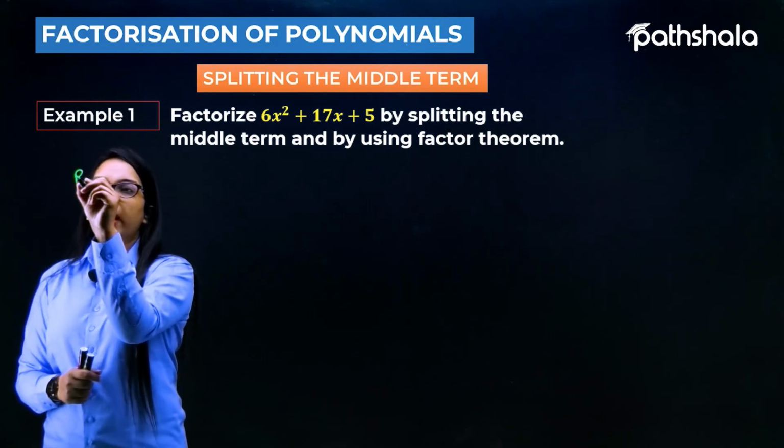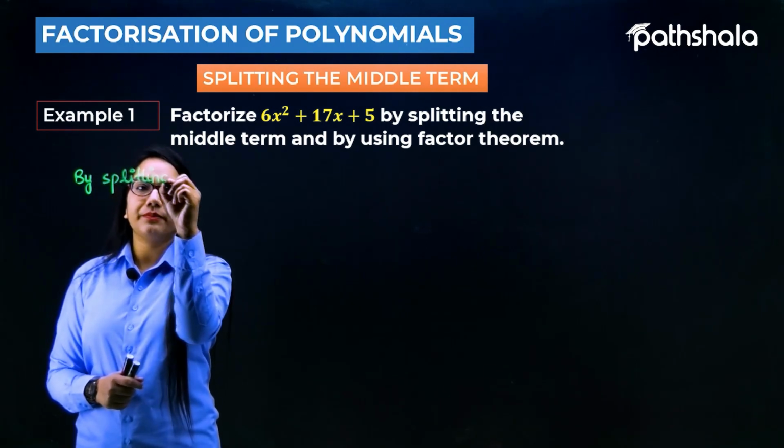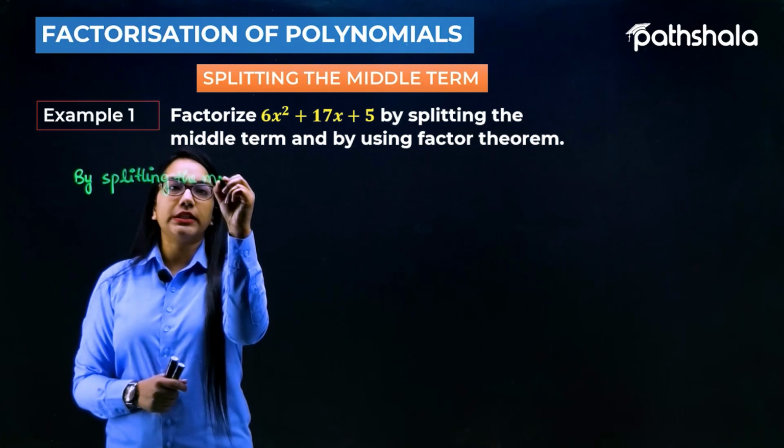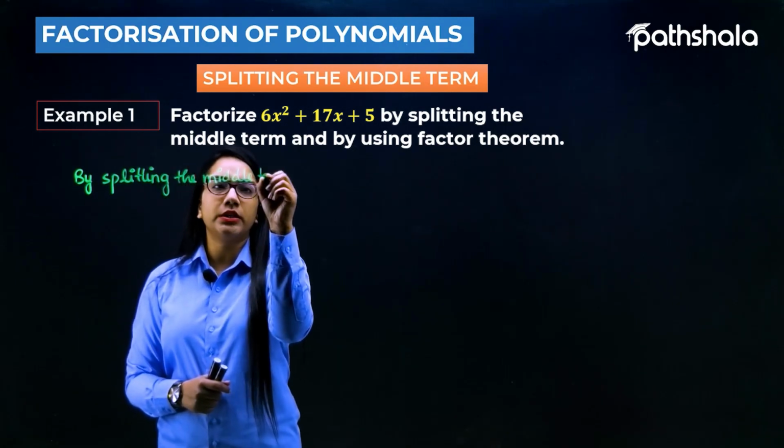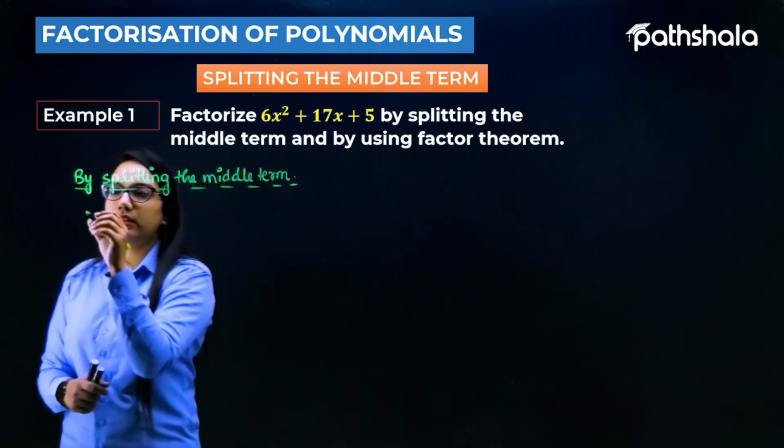So by splitting the middle term method, let's just take the two numbers.